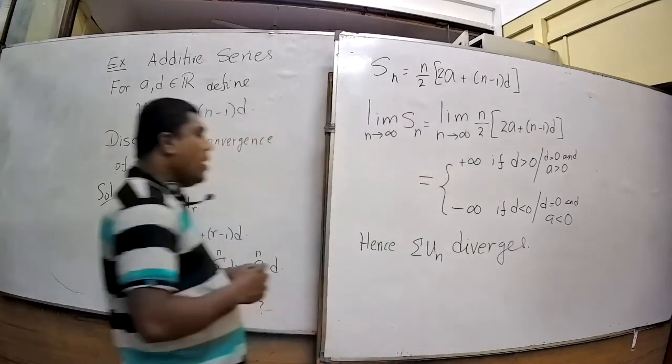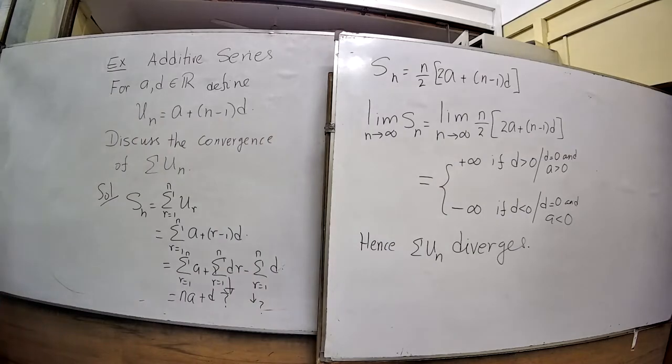So whenever the limit of the partial sum goes to infinity, be it plus infinity or minus infinity, it doesn't matter. As long as the partial sum goes to infinity, we say that the corresponding series diverges.